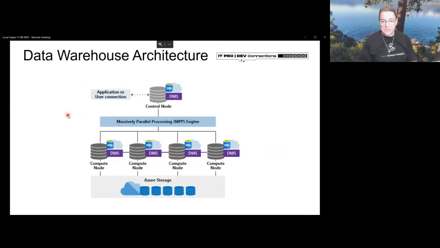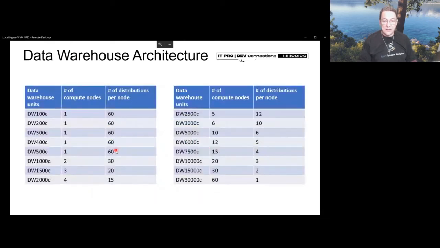So the previous slide depicts 4 compute nodes. For that service level, what I've got to have is a DW2000. A DW2000 is the one that deploys 4 parallel compute nodes to take care of the 60 distributions, the storage distributions.